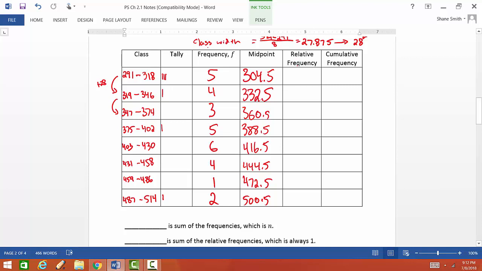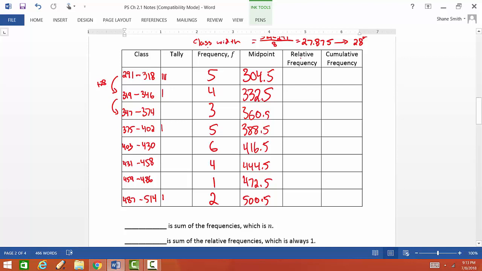All right. Relative frequency is relative because it's relative to the sample size. So in other words, how much of this sample does this class take up? So it's a percentage or a decimal.